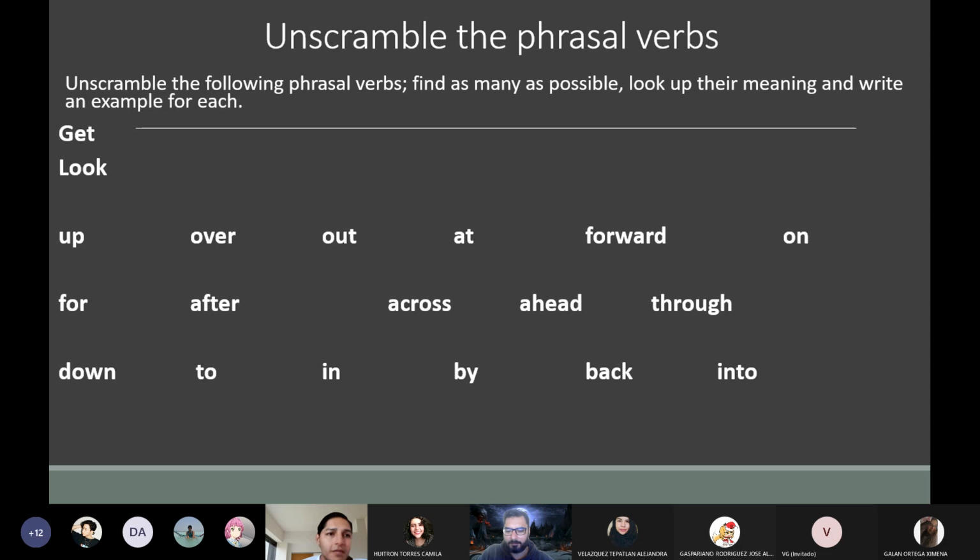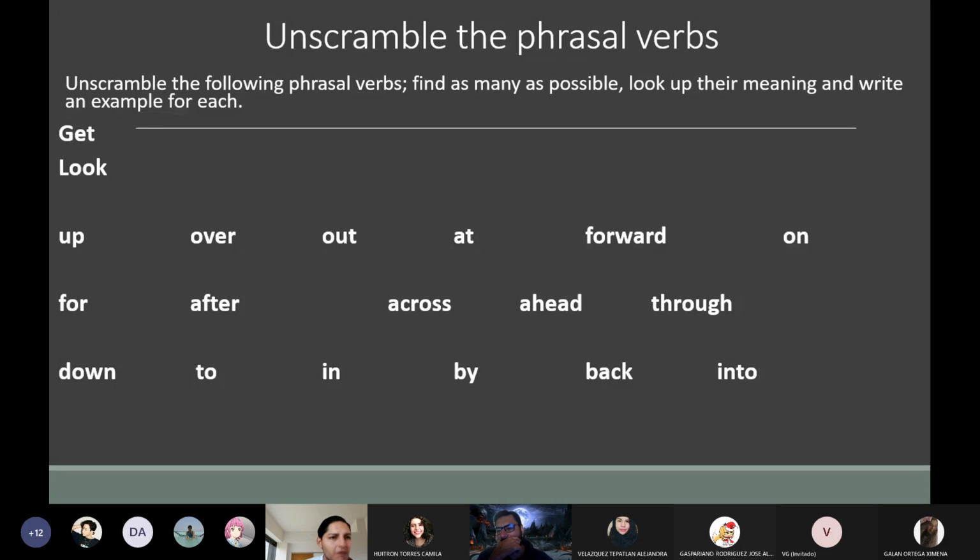For example, the phrasal verb get through is not the same as to go through. Get through means to complete. Or get at, which has plenty of different meanings: to try to get to a point, to try to understand.